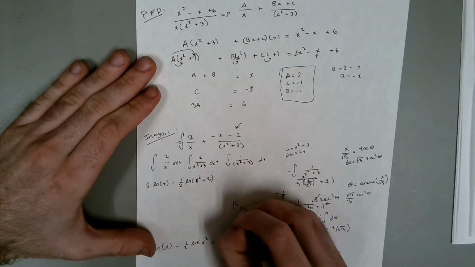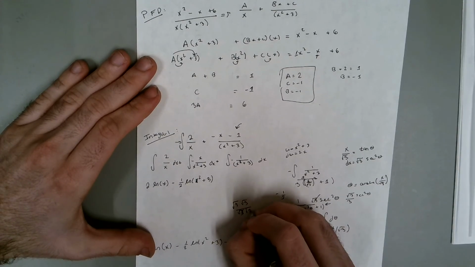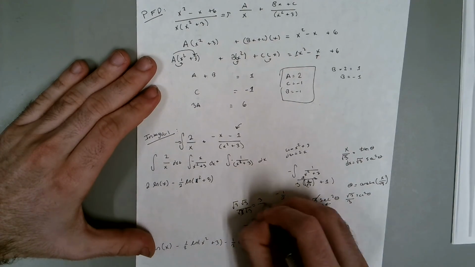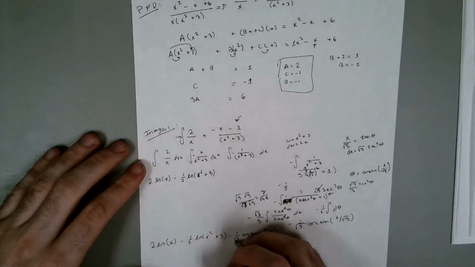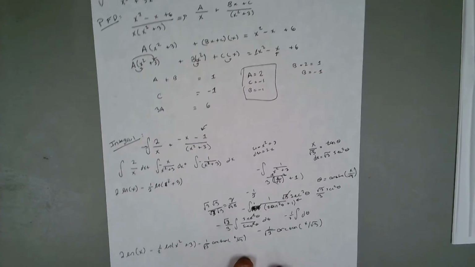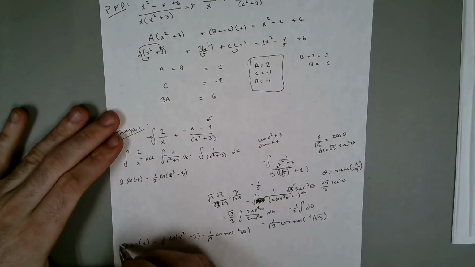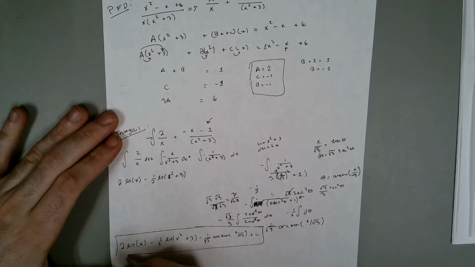We multiply that times the square root of 3, square root of 3 times the square root of 3, which will give us 3 over square root of 3 times 3. So it should be 1 over the square root of 3. Just a simple mistake, but I just had to make sure I got that square root. Oh, and don't forget our plus our constant. That's our final answer.